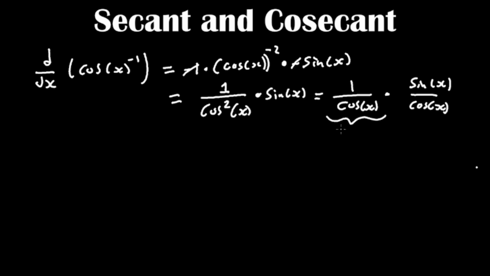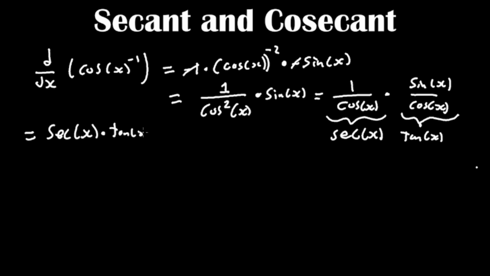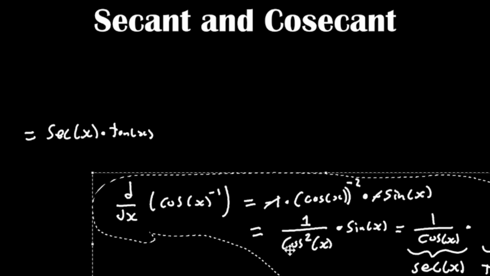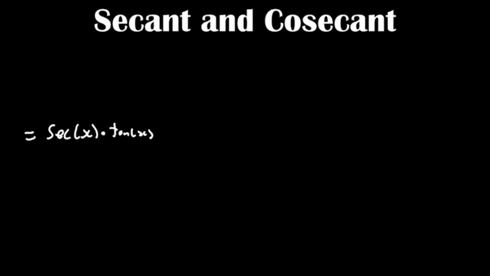So this is secant of x, and this is tangent of x. So all in all, our derivative is going to be secant of x times tangent of x. So that is the derivative of secant.